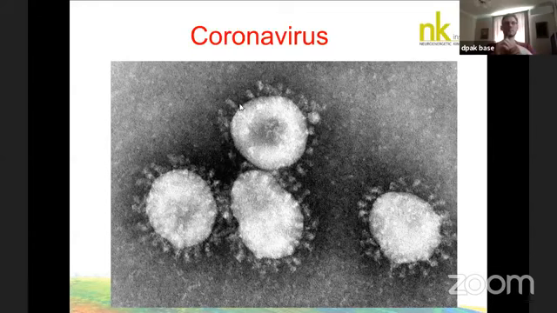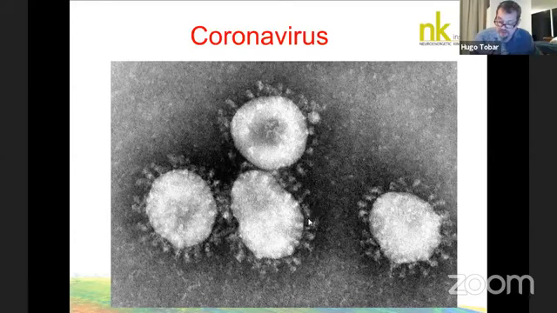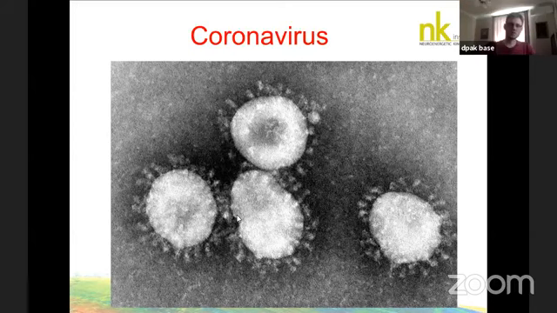You've got these little spikes out here, and these are called the spike proteins, and they make it look like a crown.